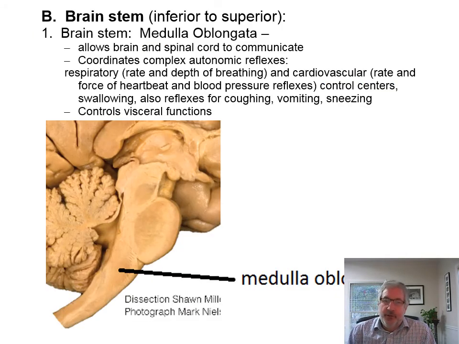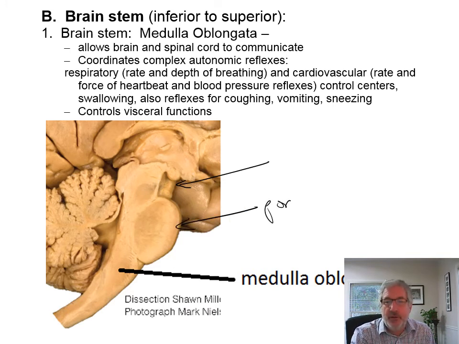Here's an enlarged view. You can see the medulla oblongata there. You can also see the cerebral peduncles there. That's one of them. Since this is cut in half, there would be another one closer to you. Here's the pons.